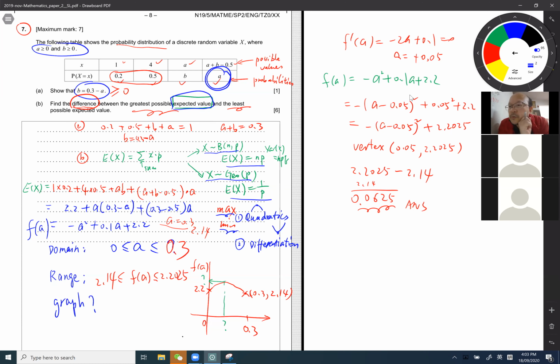Every time you do some question from past paper, you need to think about what else is in this topic. For variance, it's the sum of x squared times p minus mu squared, where mu is the symbol for mean. That's the first question we select.